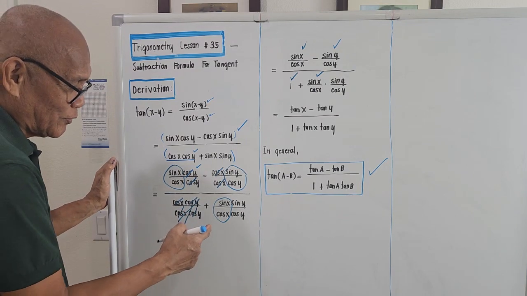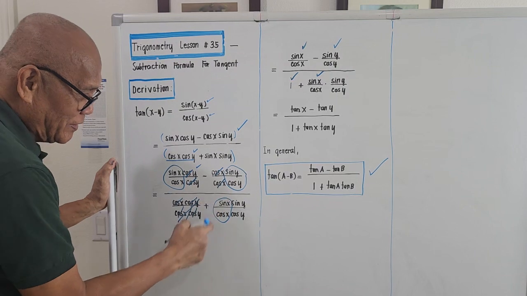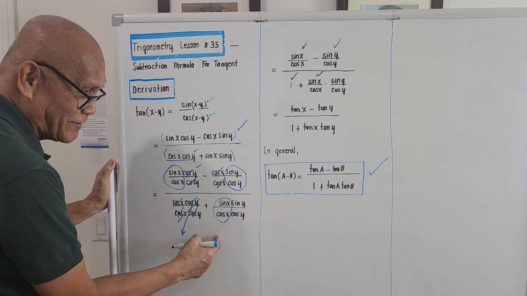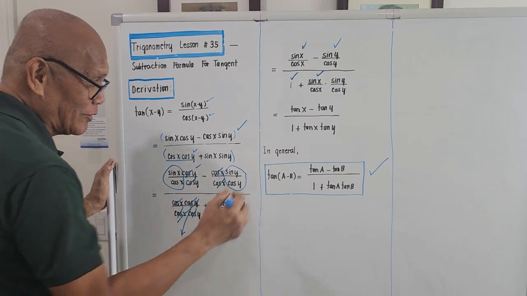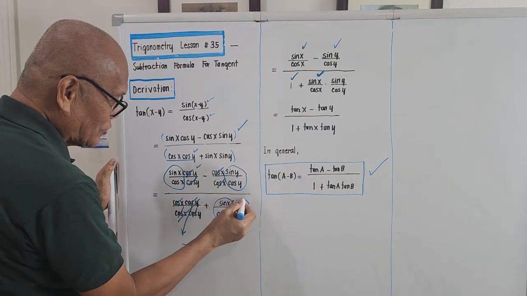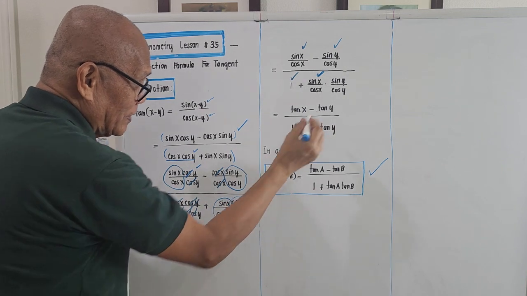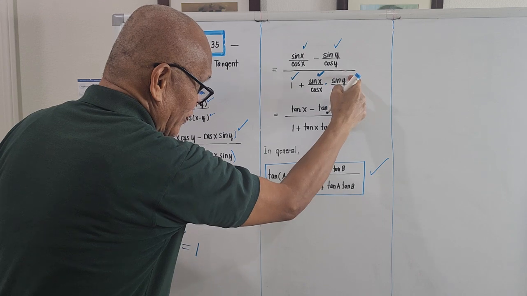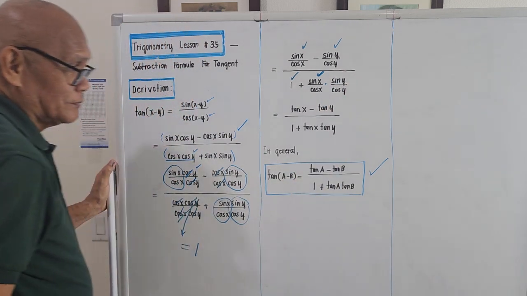So, for this to be seen as a tangent, we'll take the ratio sine x over cosine x. Okay, there will be no problem with that. For the second one, the ratio sine y over cosine of y. So the operation here is multiplication, times sine of y over cosine of y. Right?